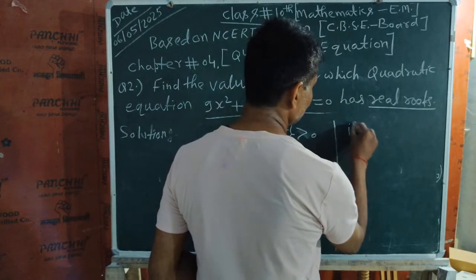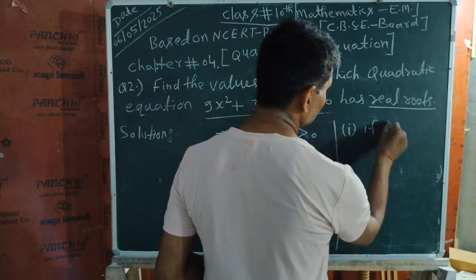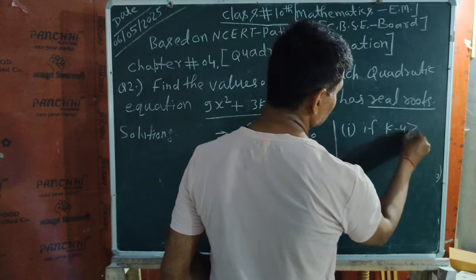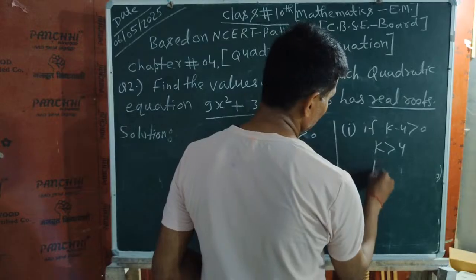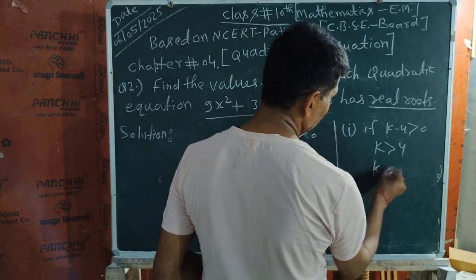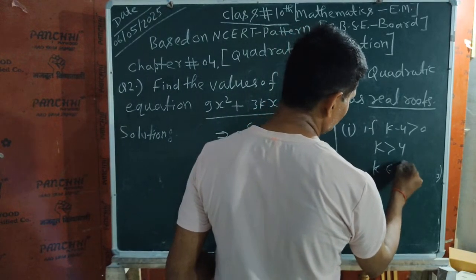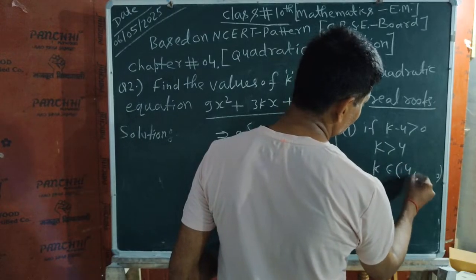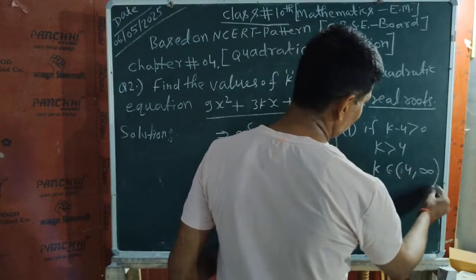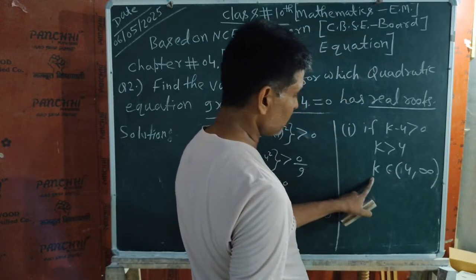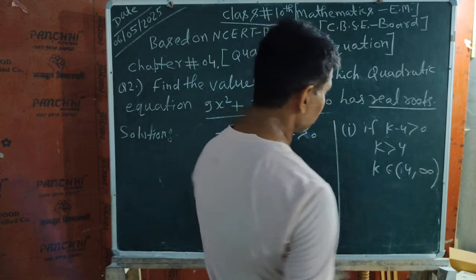I will write one condition. If k minus 4 is greater than 0, so I will write k is greater than 4 and its domain will be k belongs to 4 to plus infinity.